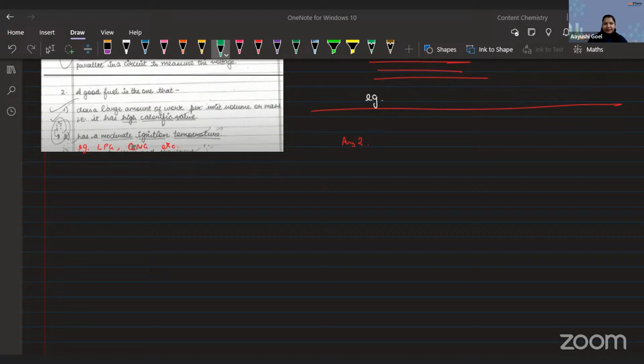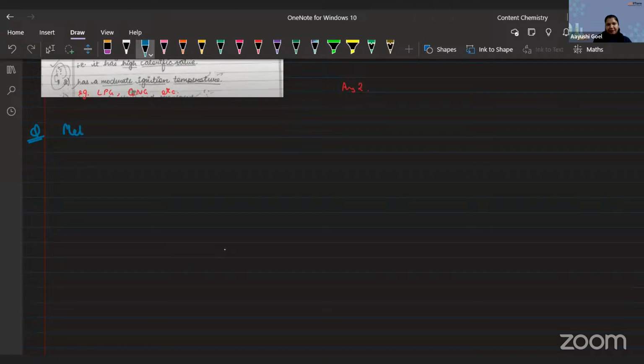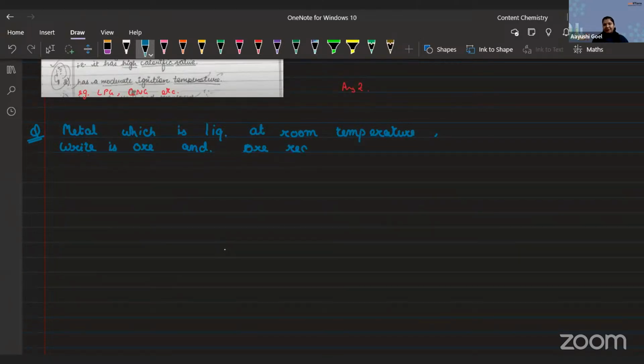Like, let's say there is a question. They're asking me: a metal which is liquid at room temperature, write its ore, and the ore's reaction with, let's say, oxygen gas.